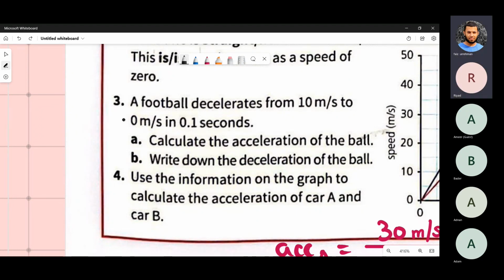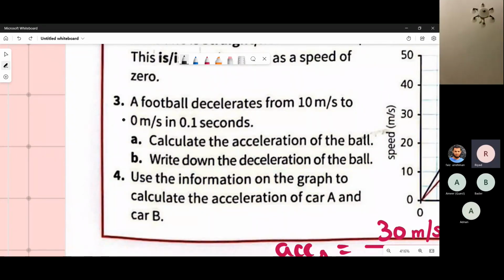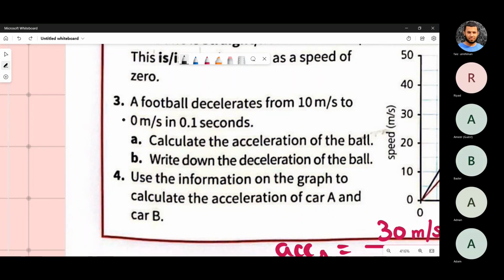Did you solve this question in the class? Which question? Question number 3. No. Okay, now it's good. You can try it now.